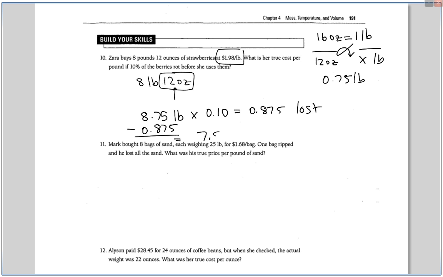And you end up with 7.875 pounds. So like I said, you always take your amount and times it by the rate. Okay, so take your amount times $1.98 per pound. Pounds cancel, and the true cost would be 15.60. No problem.